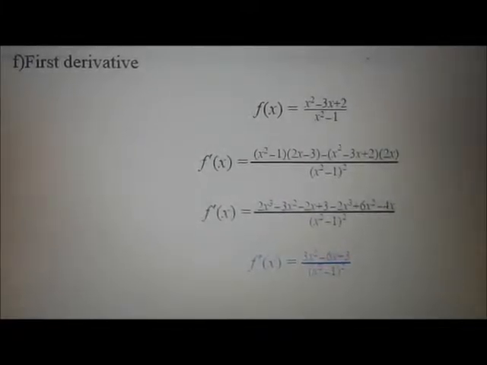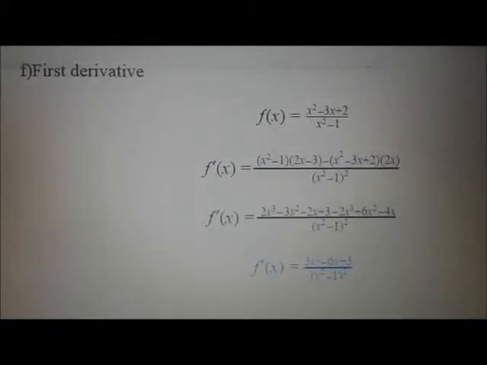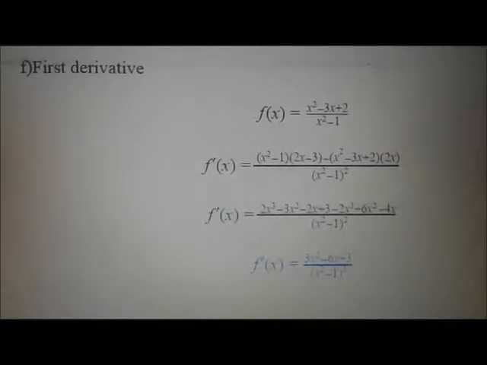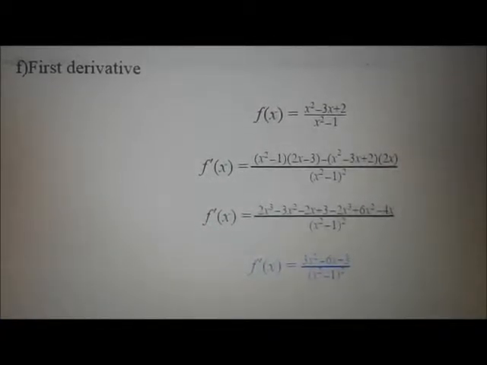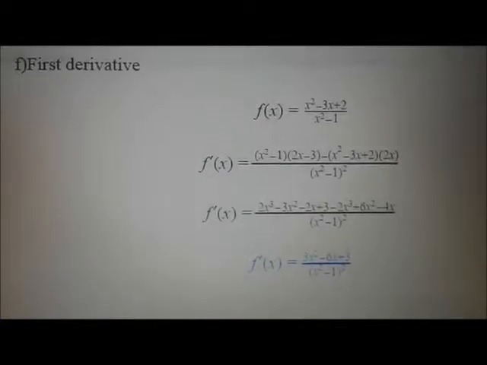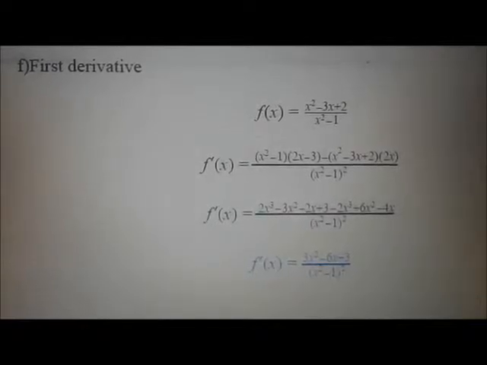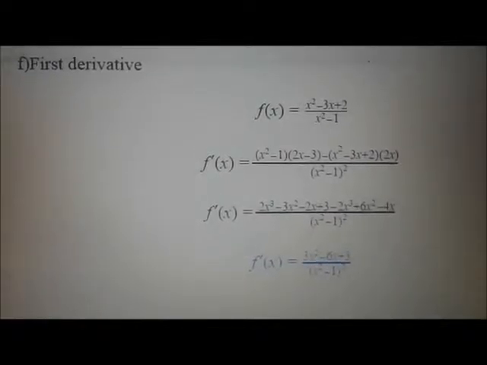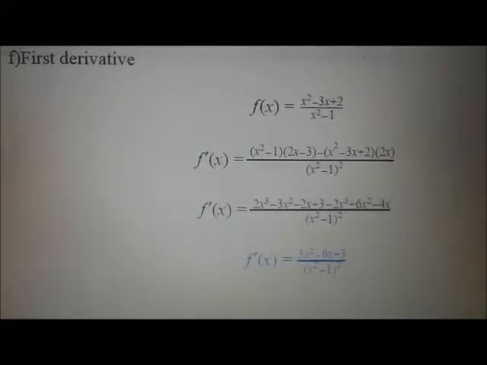The first derivative of our function is x squared minus 1 multiplied by 2x minus 3, minus the multiplication of x squared minus 3x plus 2 times 2x, all divided by x squared minus 1 squared.